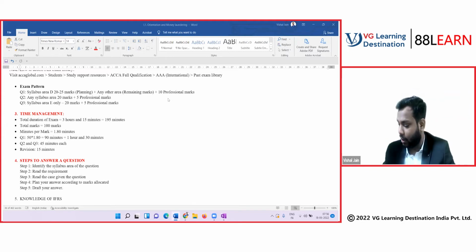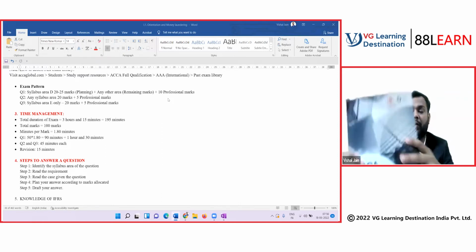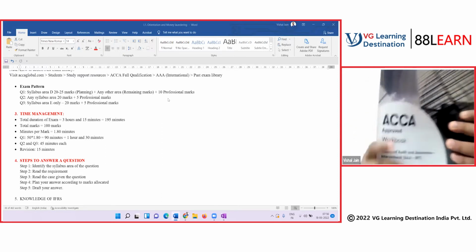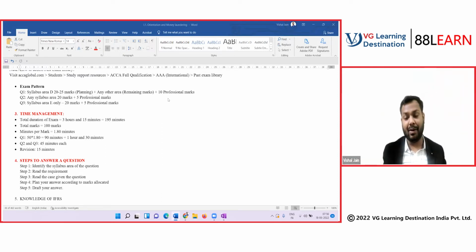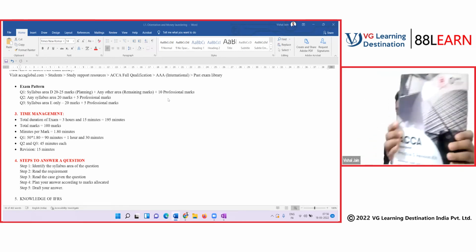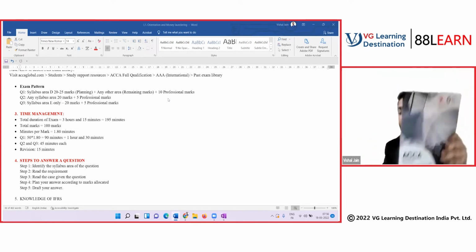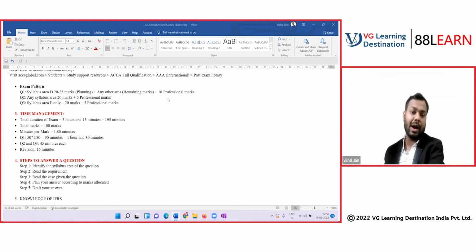This is the workbook, and this is the practice and revision kit. So both the books you should have. Without which it will be a challenge for me also, and it will be a challenge for you as well. Okay, can we move on to the next part of the discussion?